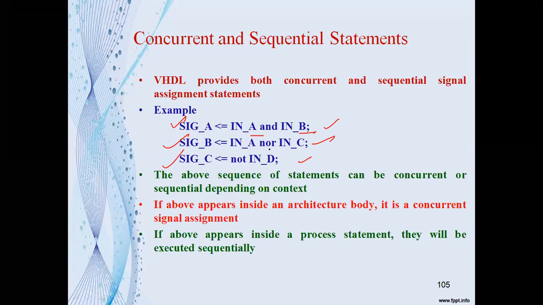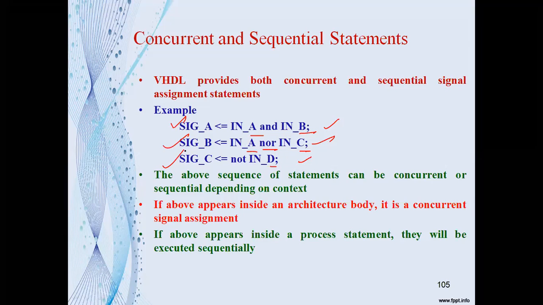In the second statement, you have a NOR operation between the A and C inputs. And in the third statement, you have a single input and you are performing a NOT operation on it. So all these statements look like concurrent statements, isn't it?